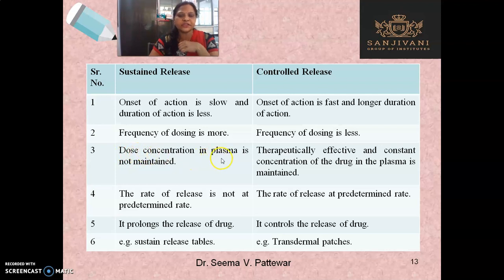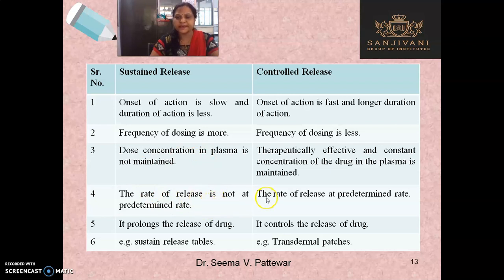In sustained release, the dose concentration in plasma is not maintained, meaning a constant amount of drug is not there in the blood, whereas here the therapeutically effective and constant concentration of drug in the plasma is maintained. Here the rate of release is not predetermined. The tablet has not decided that this much drug is released in 2 hours or 5 hours.